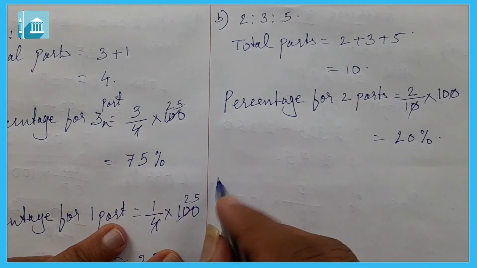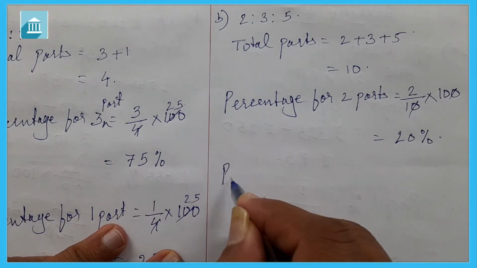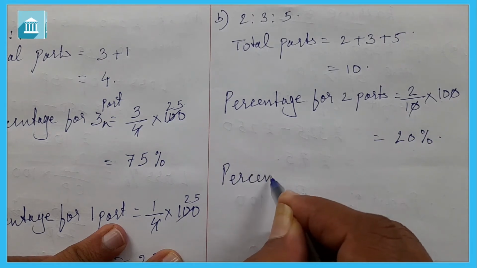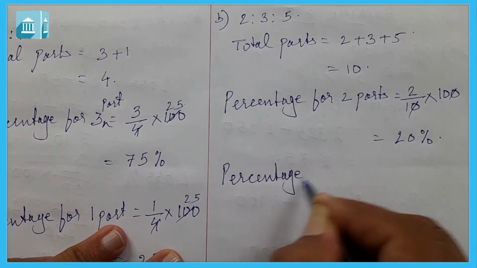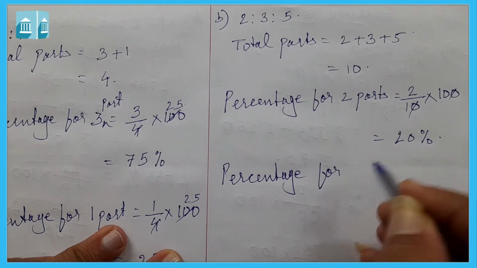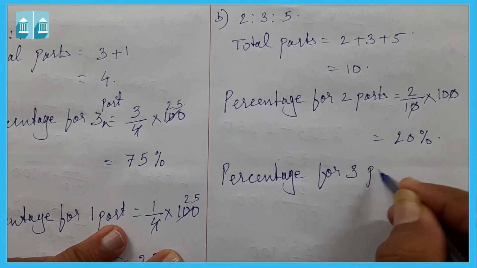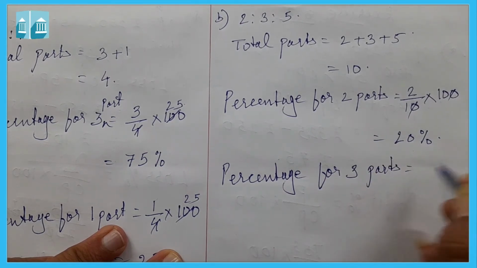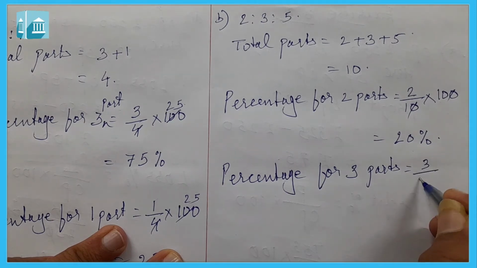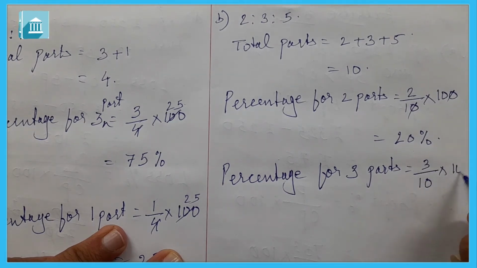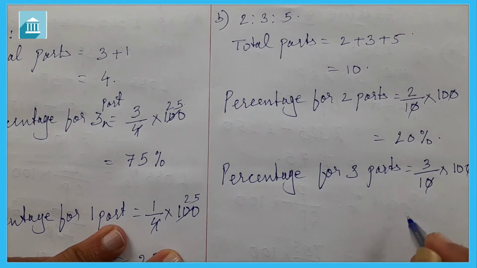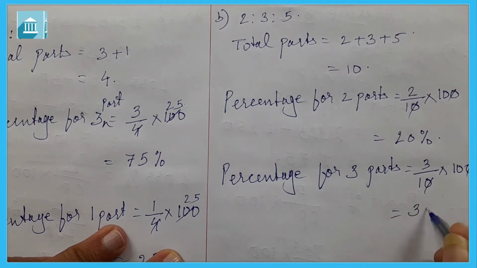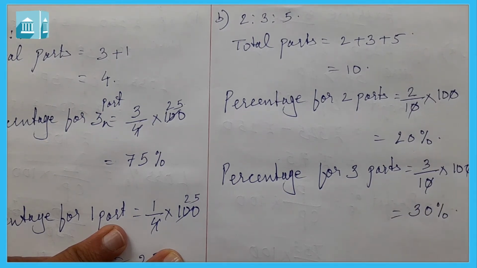In the same way, percentage for 3 parts is equal to 3 upon 10 into 100, zero, zero cut, which is equal to 30%.